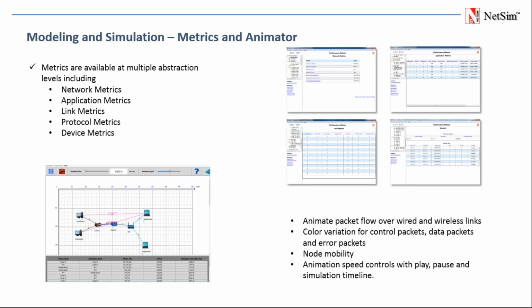Now NetSim provides distinct quantitative metrics at various abstraction levels, such as network metrics, link metrics, TCP metrics, application metrics, protocol metrics, and device metrics. When we simulate, after the simulation it shows these metrics. With the help of metrics, users can analyze the behavior of the modeled network and compare the impact of different algorithms on end-to-end behavior.